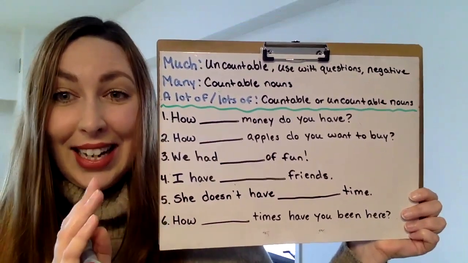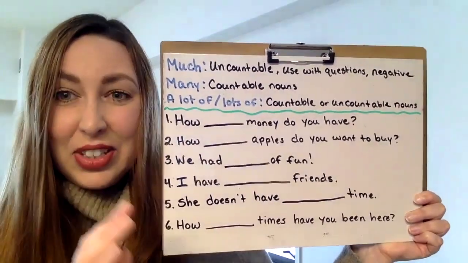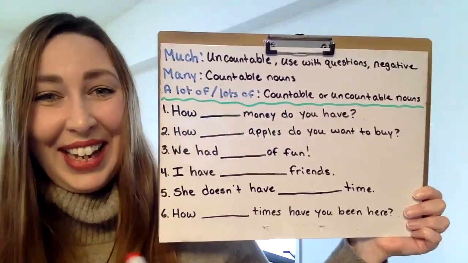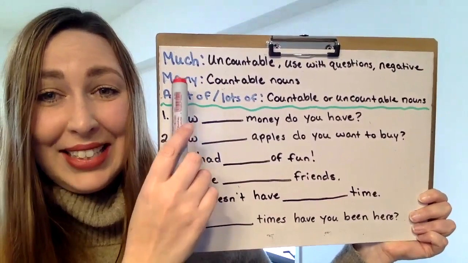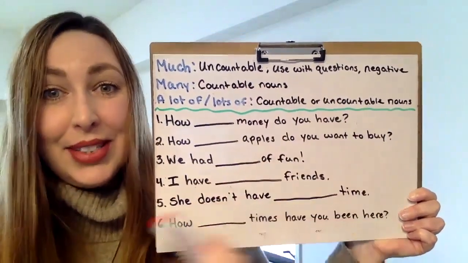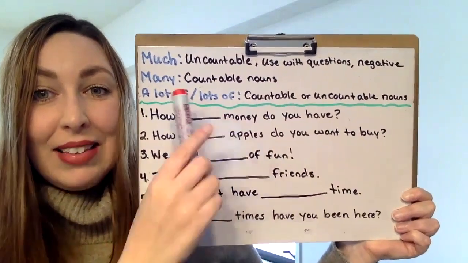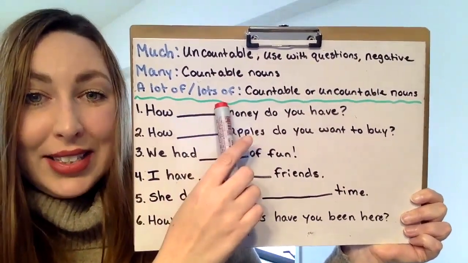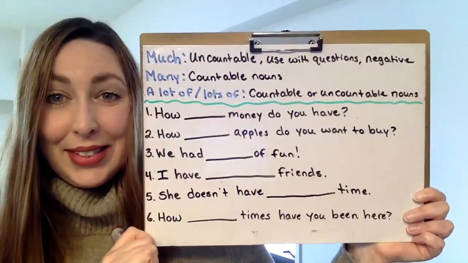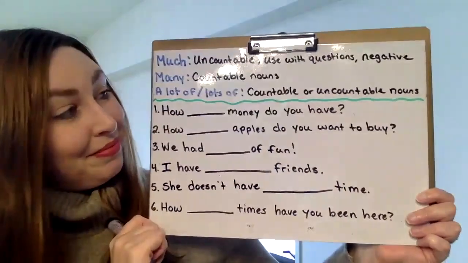It is not good English, all right? It sounds very old, okay? Next, many. Many we can use for countable nouns, right? Then a lot of or lots of, countable or uncountable nouns. So very simple, right?